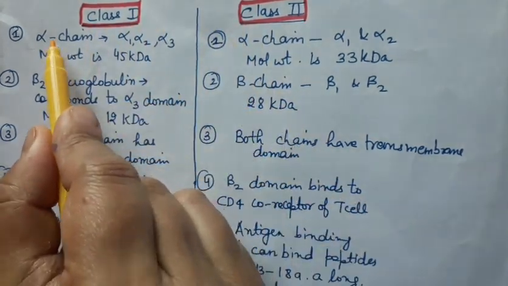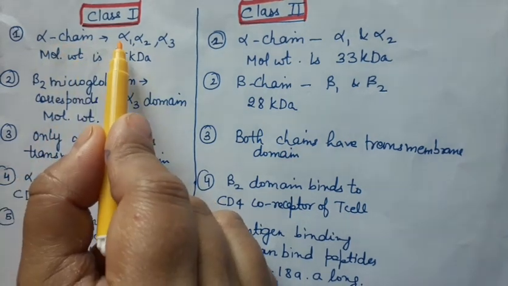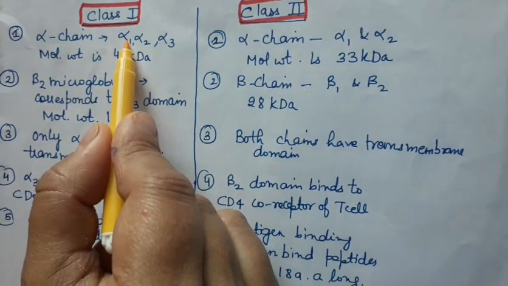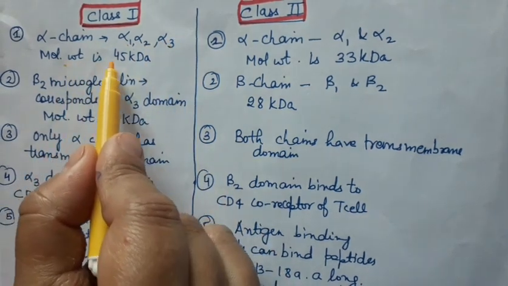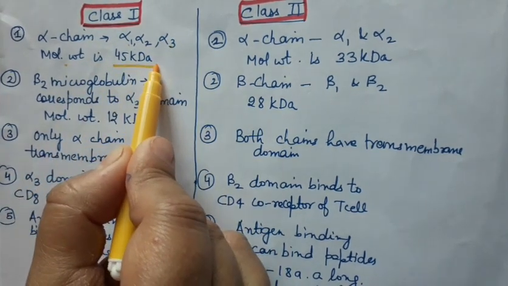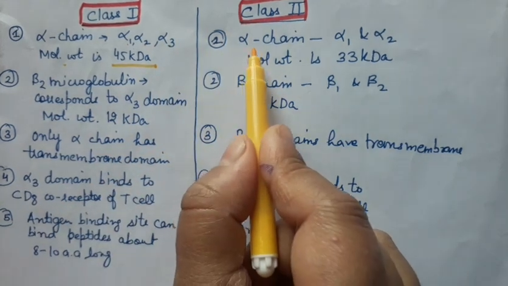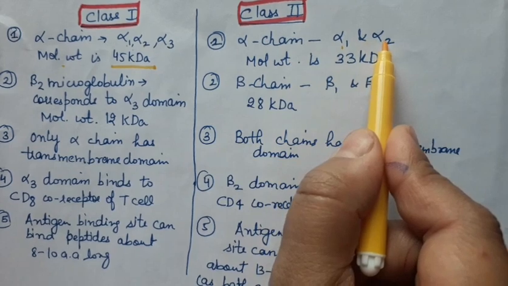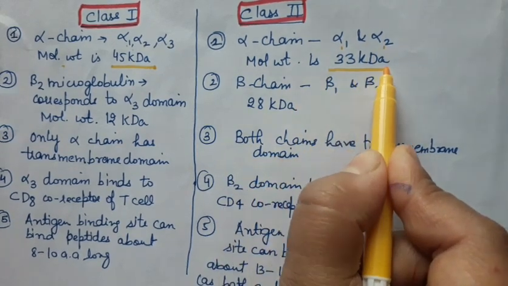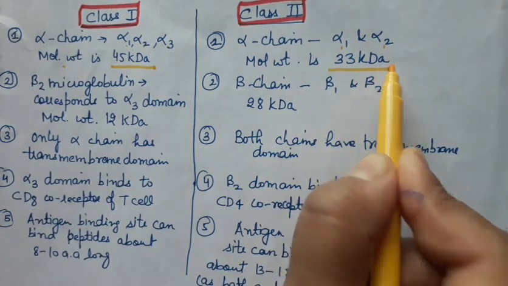In class 1 molecules, alpha chain comprises of 3 different domains, that is alpha 1, alpha 2 and alpha 3, and molecular weight of alpha chain is about 45 kilodaltons. Whereas in class 2, alpha chain comprises of only 2 domains, that is alpha 1 and alpha 2, and molecular weight is about 33 kilodaltons.